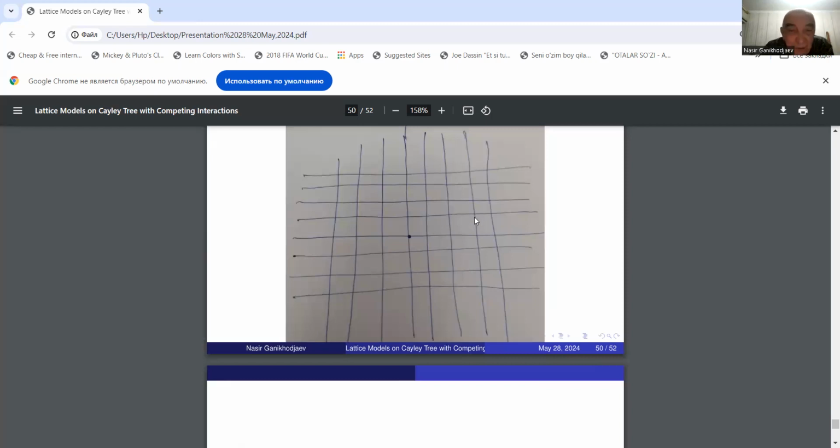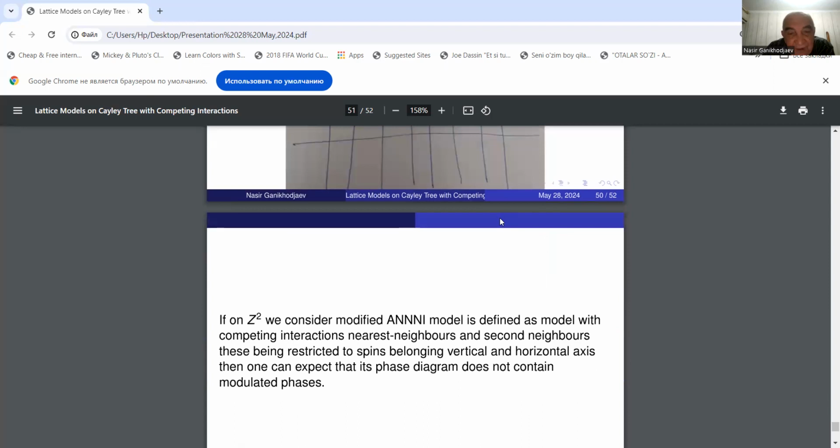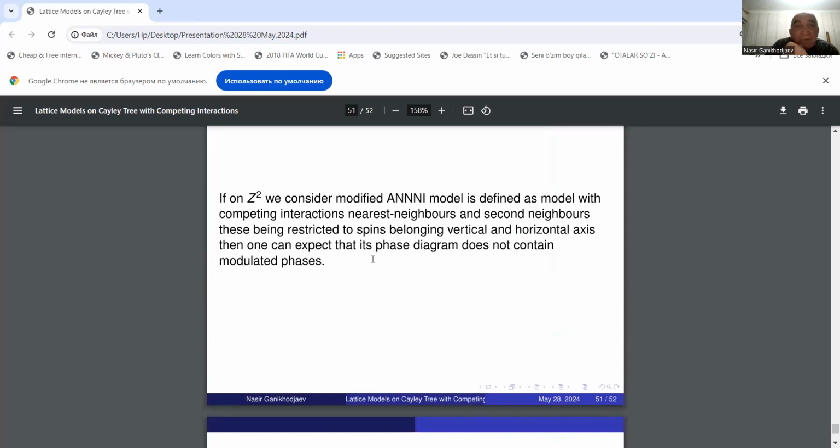So in this case also, if we consider neighbors of such a type as second neighbors, I think its phase diagram does not contain modulated phases.